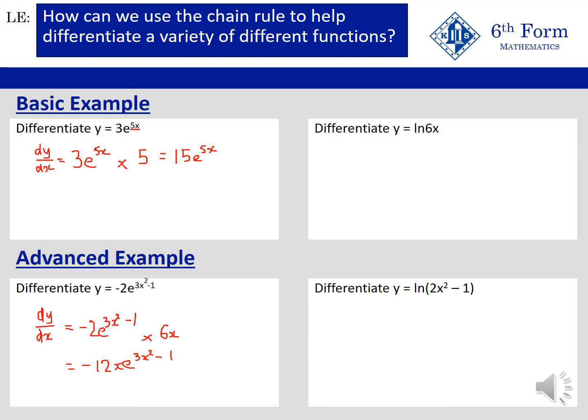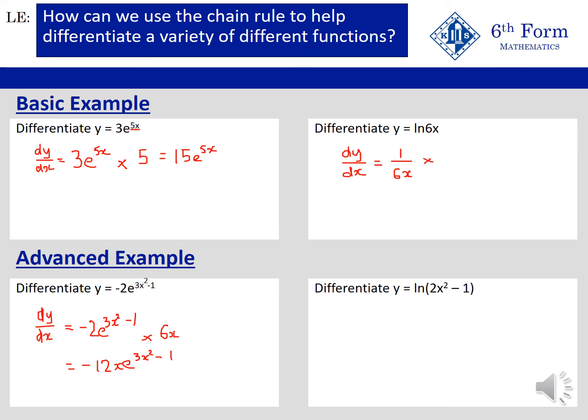If we try the natural log examples, so if we try the basic example first, natural log differentiates to 1 over. So because it's natural log of 6x, that will differentiate to 1 over 6x.